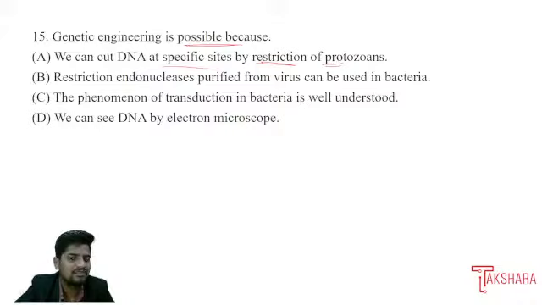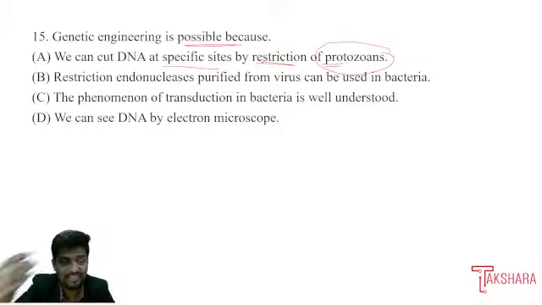Here it is given as genetic engineering is possible because of. So for why it is a possibility, you can cut the DNA at a specific site by the restriction of some kind of protozoans, given in one point.